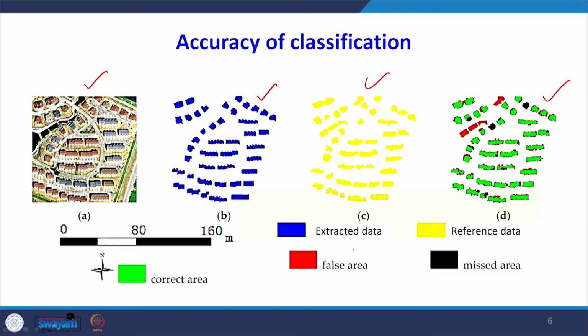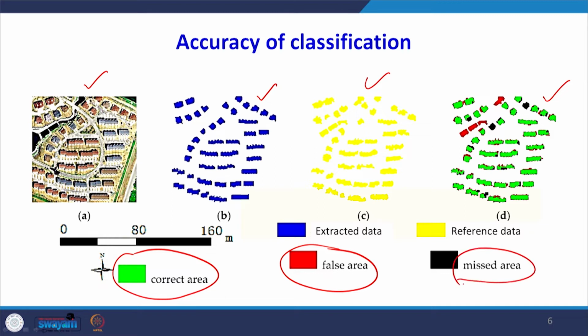The red color is indicating the false area, where the classification is not correct, but the green area is showing the classification is correct, because both the results are matching when I superimpose them, and there is some missed area by the classification. So, the pixels have not been classified very, very accurately here. This is the misclassification, this is the missed area which is done by the algorithm.